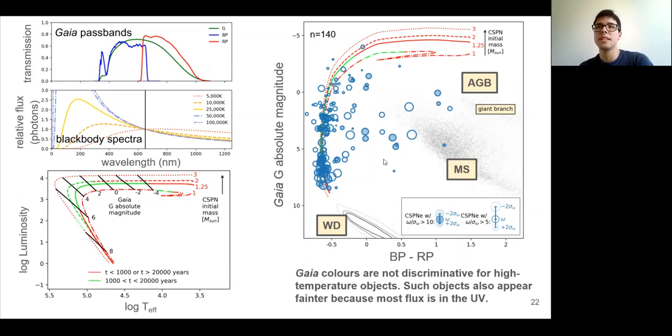But what we can see is that the absolute magnitude actually does tell us about the position in the temperature luminosity diagram of these stars, because while the color doesn't change, the star will appear to fade in Gaia as more of the flux goes into the ultraviolet.